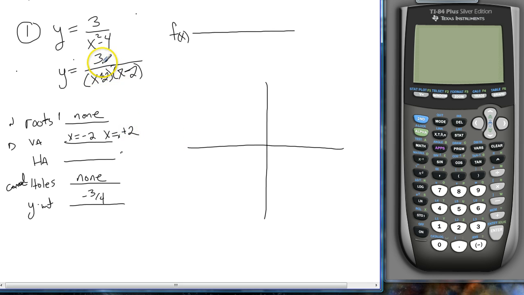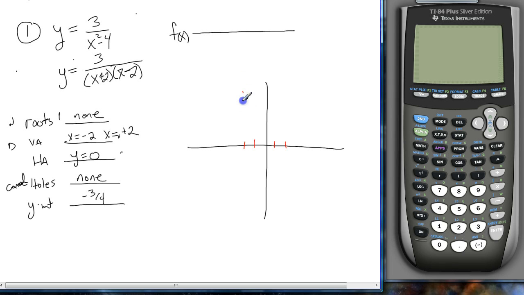Horizontal. Now we talked about the three cases. So this one has a bigger degree downstairs because there's no x's upstairs. So it's going to be the x-axis, which is y equals 0. So now we haven't done anything yet. I haven't typed it in, but I'm thinking it's going to go like this. -2, +2.